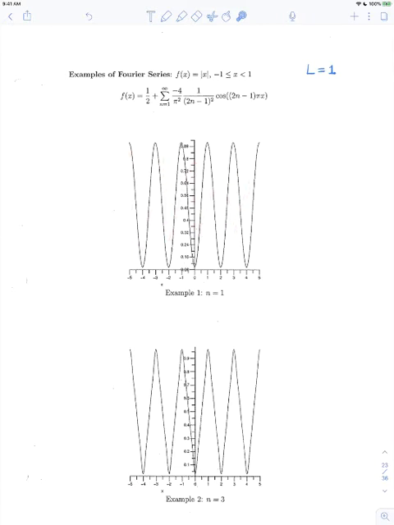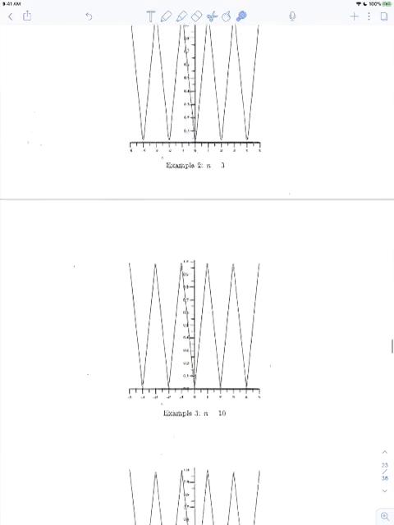Now if you look at n equals 3, notice that you start getting the traditional V shape that comes from the absolute value of x. It's not perfectly straight, and you still have this periodic behavior, you still have oscillations, but even with n equals 3, it's very close to the absolute value of x, in appearance at least. Notice it's still hovering above the x-axis.